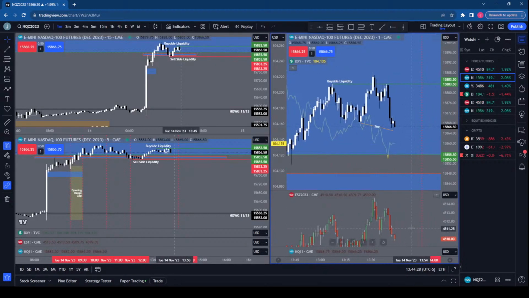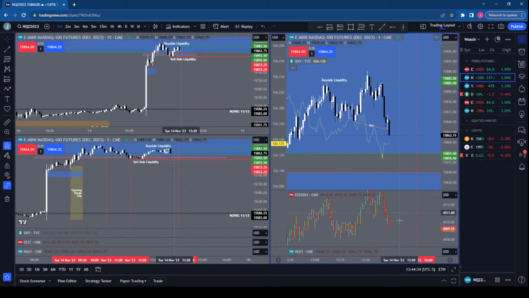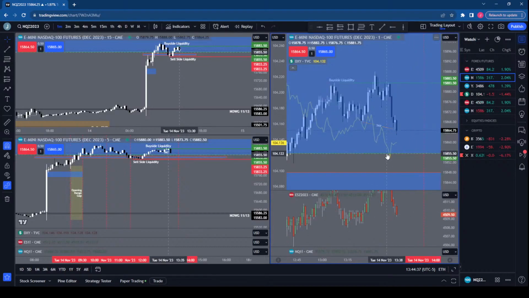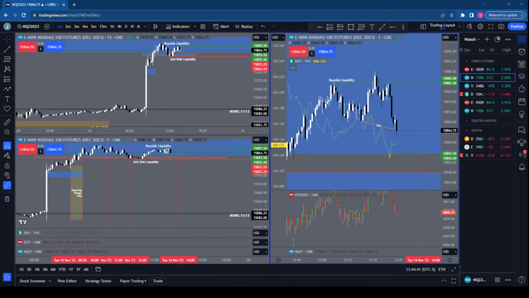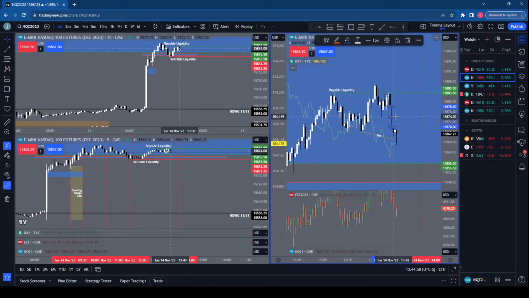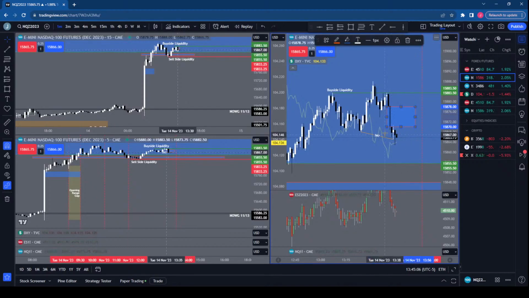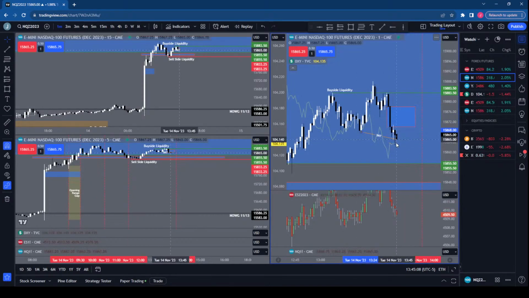So let's see. If NASDAQ price came up and just completely disregarded this fair value gap, I would be very bullish, because I think that would completely confirm this SMT was just a sweep of liquidity, and we're going higher.